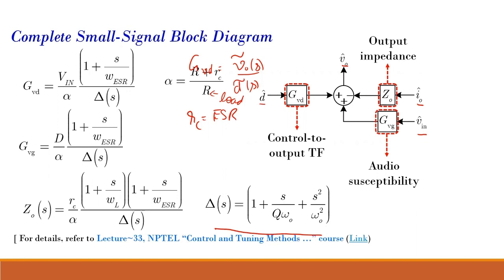But when we find a transfer function, if we are finding a control to output transfer function, we set the output current perturbation and the input voltage perturbation to 0, and then we find the transfer function. Is that large signal modeling? No, it is a small signal model. Transfer function is also small signal modeling.